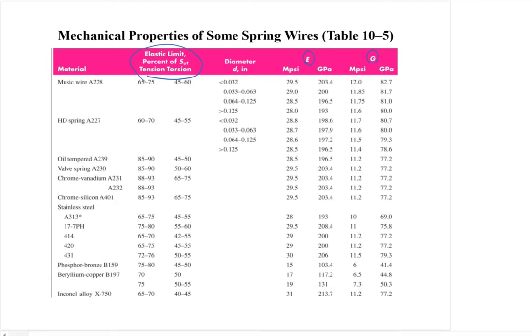You notice these percentages are ranges, right? So it really depends on the particular batch of wire you got. Probably pick something in the middle. So if it says 45 to 50, pick 47 and a half. 65 to 70, pick 70.